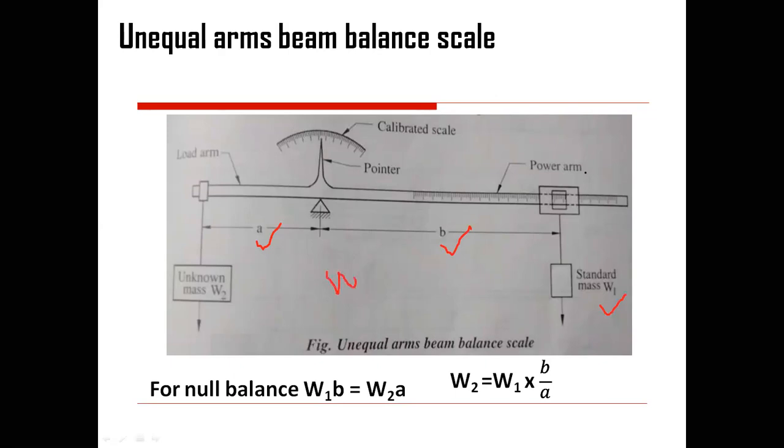So you can easily determine the value of w2, which is b by a multiplied by w1. Likewise, you can easily determine the weight using this unequal arm beam balance scale.